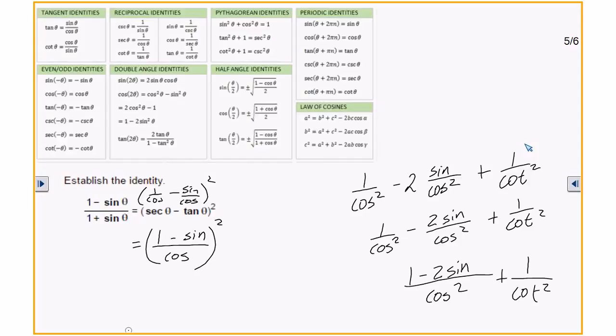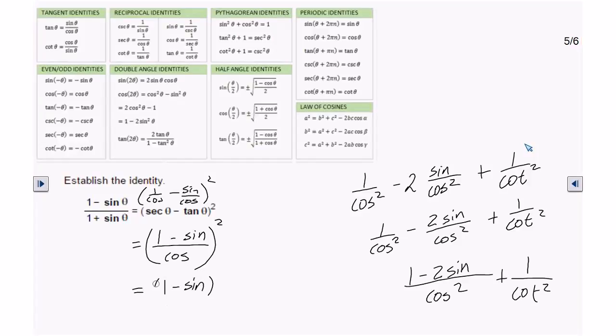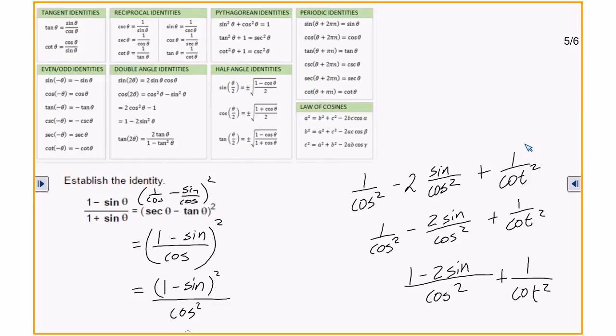But that gives you the top, but you don't have the bottom. Cosine squared is equal to 1 minus sine squared. Yep, and that's one. And now we got the opposite. So let's look at that. So up here we're going to have equals 1 minus sine quantity squared over cosine squared. And that's equal to 1 minus what? 1 minus sine squared.